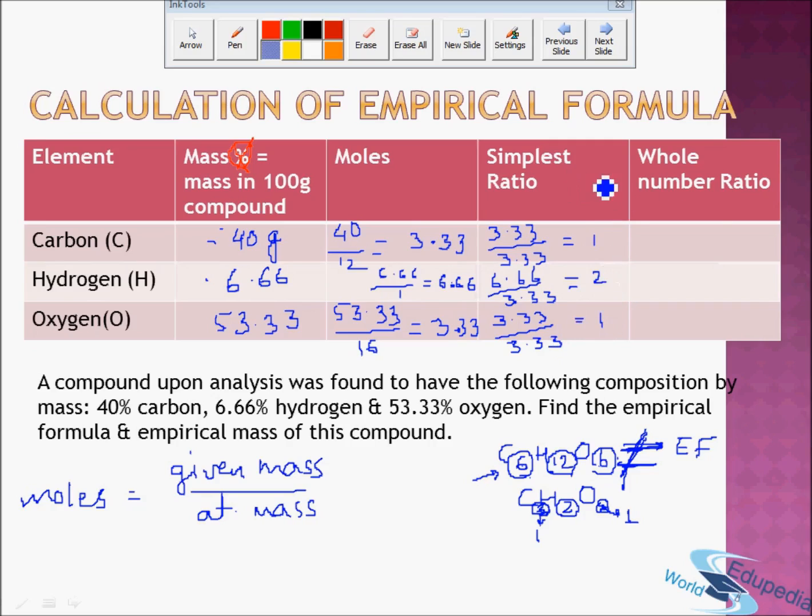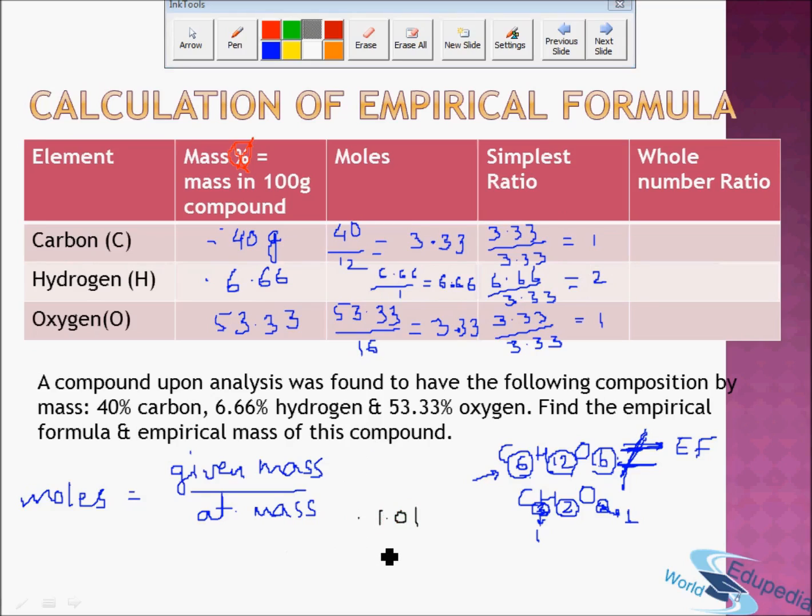Now, this column, simplest ratio and whole number ratio. Why have I written them? Because you might not get such good numbers every time. This is the example I selected myself to ensure that you can catch up on this topic quickly. But in a lot of questions, instead of 1, let's say you might have gotten the number to be 1.01.